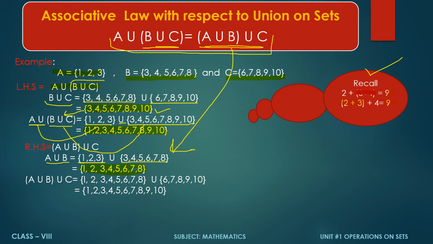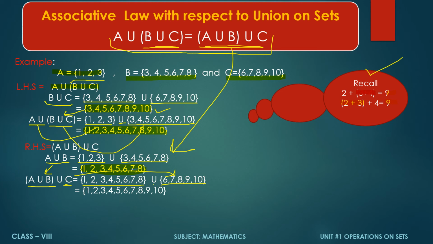Right hand side of the associative law is (A union B) union C. For this purpose, first we write the resultant set of A union B, that is 1, 2, 3, 4, 5, 6, 7, 8, then sign of union, then the elements of set C, that are 6, 7, 8, 9 and 10.